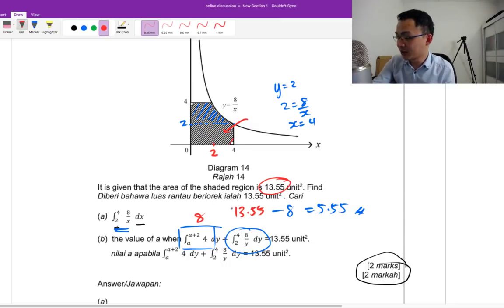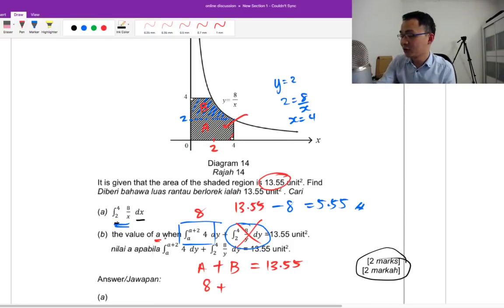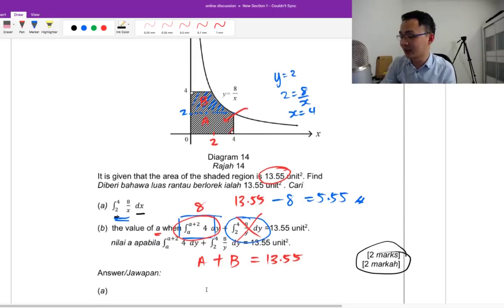Because this one, let's say A, this is B, A plus B needs to equal 13.55, right? So that means the area A here I know is 8. B, I do not know what is the value, but it doesn't matter because this one is not important, because the question actually asked me to find a. So therefore I want to make this one equal to A. Okay, I hope you can actually understand that.